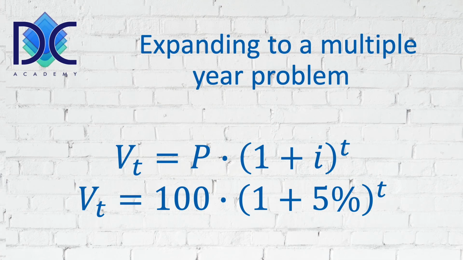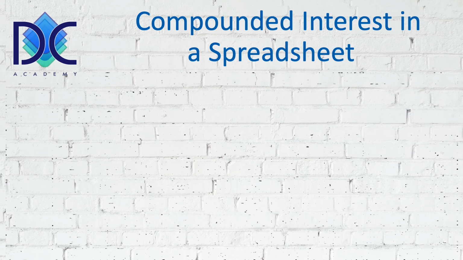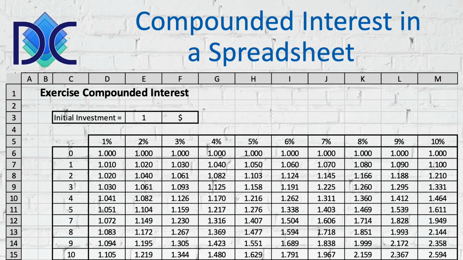So we find the VT, the value after t periods is 100 times 1.05 to the power t, and t can be very large. It becomes very easy to do calculations related to compounded interest when we use a spreadsheet program.